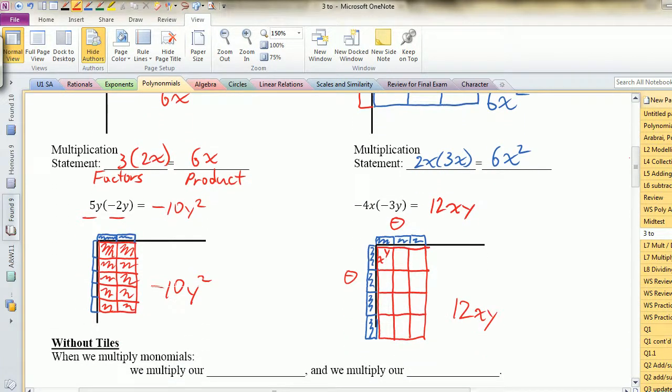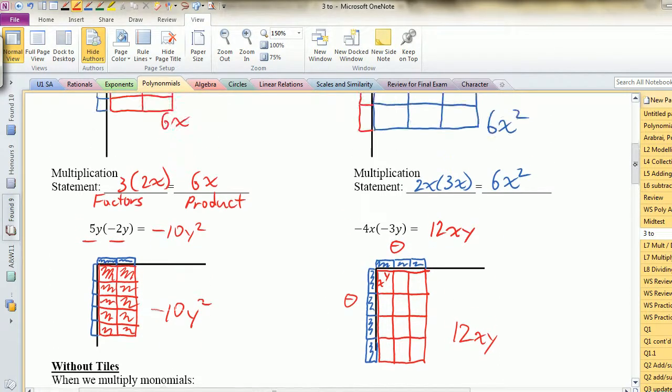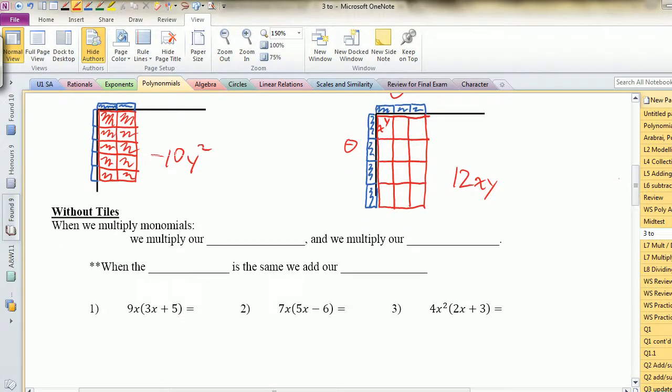Okay. So we're going to now, Sean brought up a good point. What about if you have something else? If you have something larger, then you're going to multiply without tiles. So when we multiply without tiles, we multiply our coefficients. I think you guys are seeing that. The numbers in front get multiplied. And we multiply our variables.